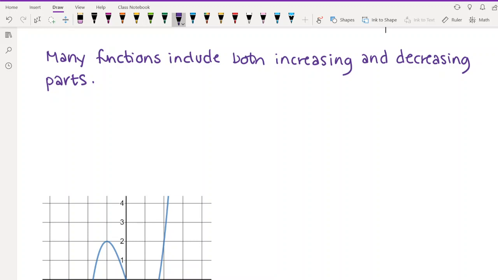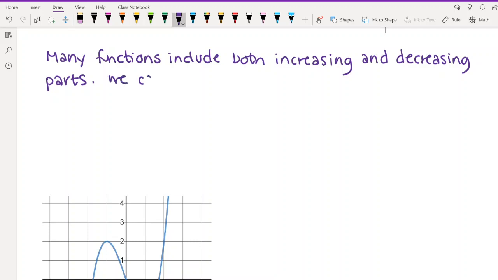And so importantly, when we're describing where the function is increasing and decreasing, the answers we're going to be giving are going to be intervals of x values. I'm going to write that down, and then you'll see what I mean when we get to an example, but I just want to write it down explicitly because it is a really important thing.